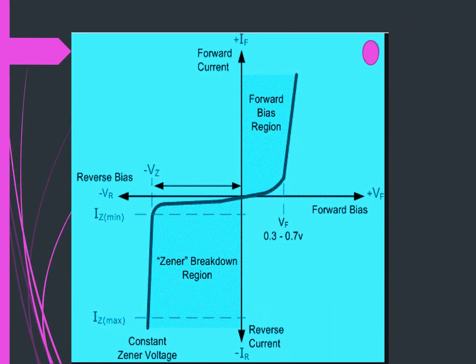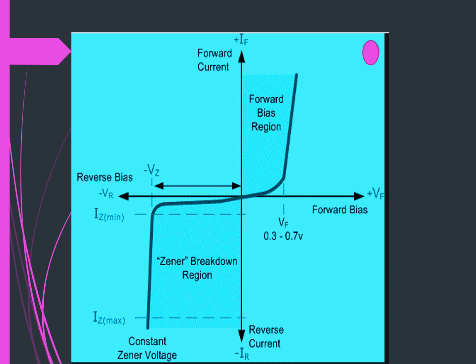Now we'll discuss the graph of the Zener diode. The Zener diode is properly doped such that it has a sharp breakdown region. If it is heavily doped, the depletion layer will be thin and the breakdown will occur at low voltage.